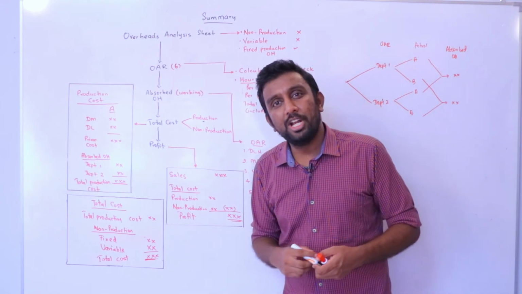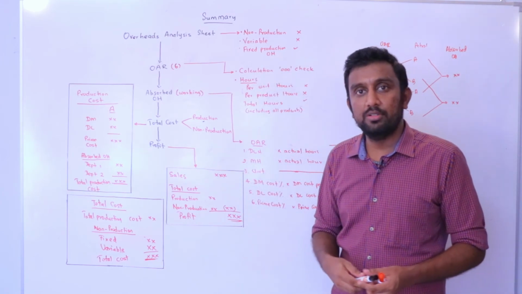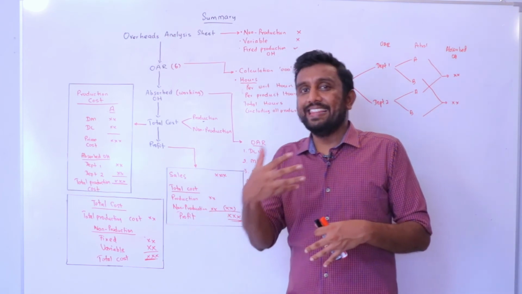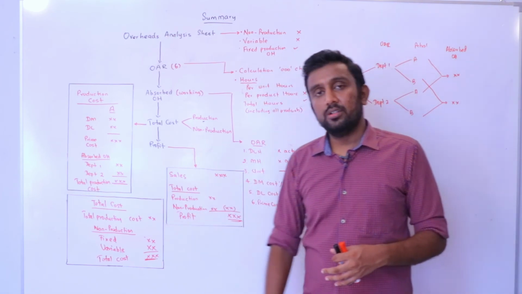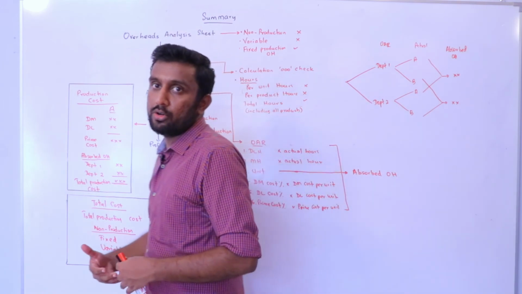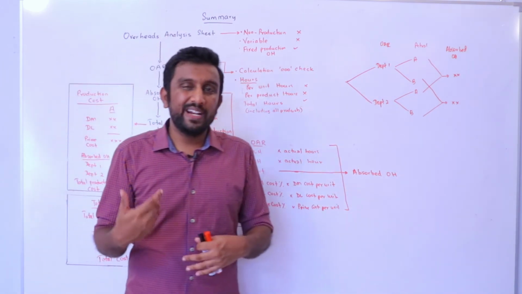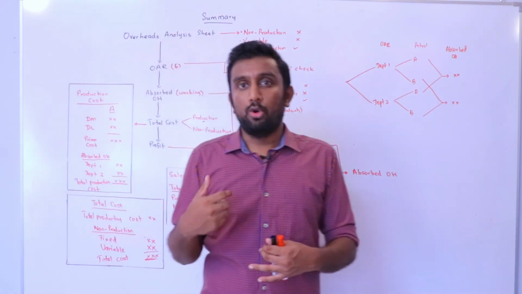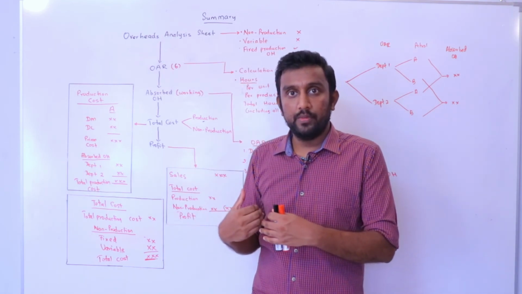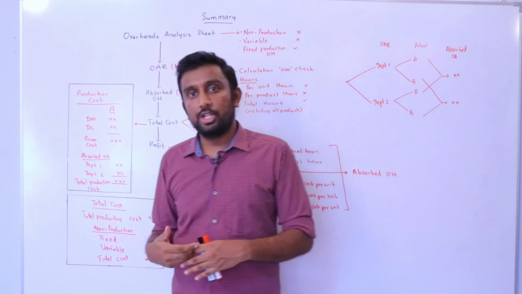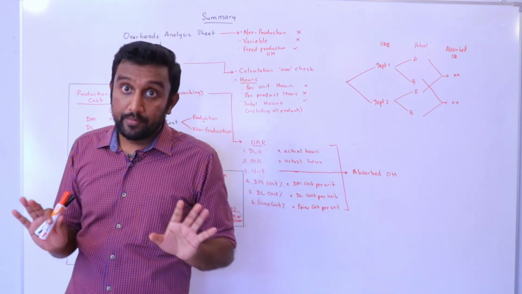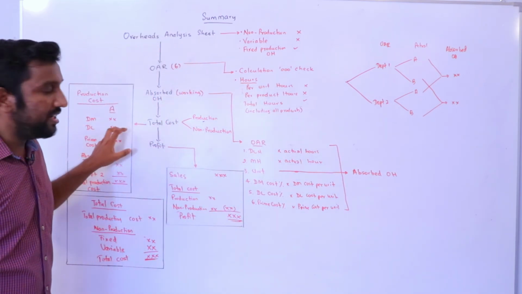Non-production we can divide into fixed and variable. So if they give fixed and variable, you have to add that as well to find the total cost. So what is the difference between the production cost and the total cost? Production cost only includes the production related cost, which are prime cost and the production overheads or absorbed overheads which we found. With that, we have to add the non-production cost to find the total cost, right?